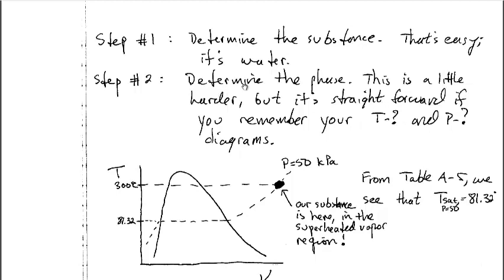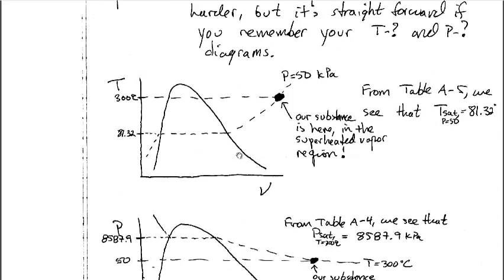So how can we use these diagrams to determine the phase of the substance? Well, let's look at our T-v diagram. We have our saturation dome, and I'm going to draw a line of constant pressure. And I'm going to say that this line of constant pressure corresponds to a pressure of 50 kPa.